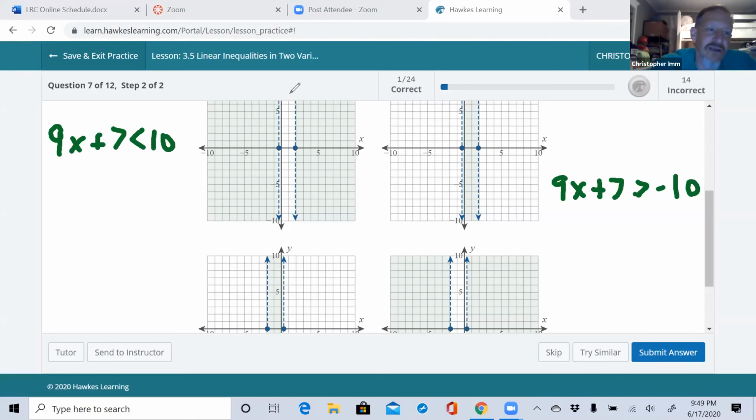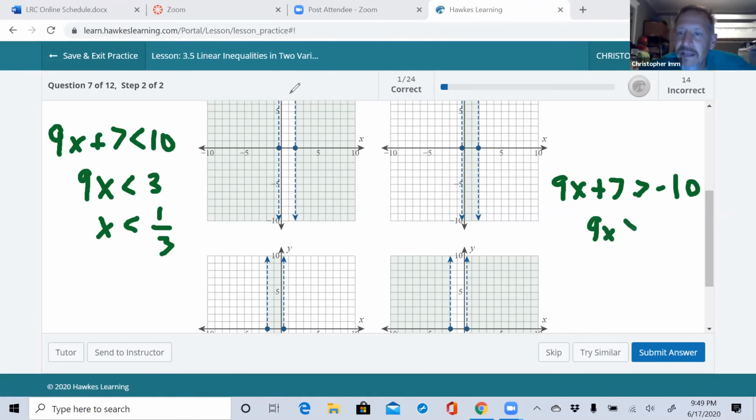So if I solve these for x, I have 9x is less than, subtract 7, so that's 10 minus 7 or 3, and x is less than 1/3, so 3/9. Over here, if I subtract 7, I have 9x is greater than -17, so I have x is greater than -17/9. And I have to have these both happening at the same time.